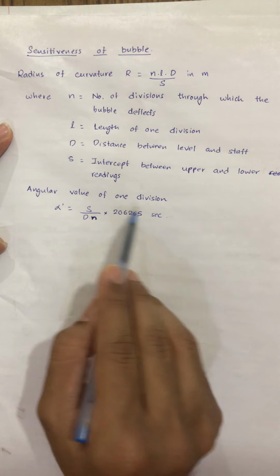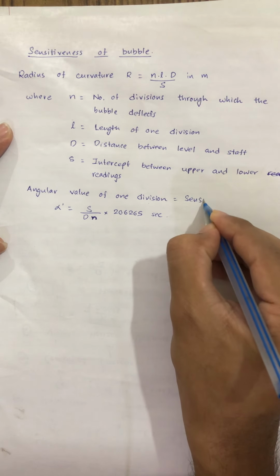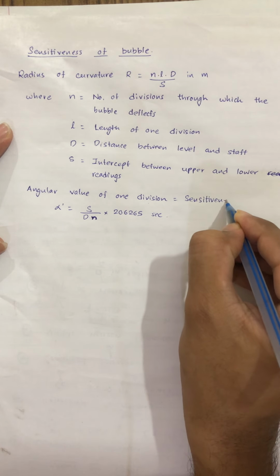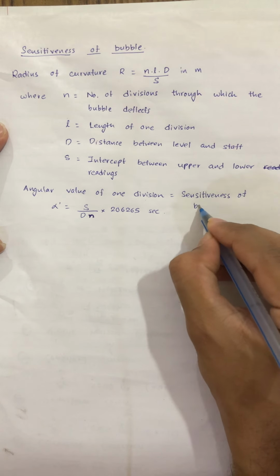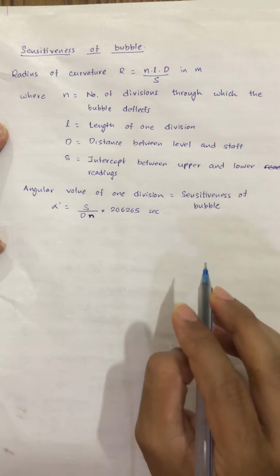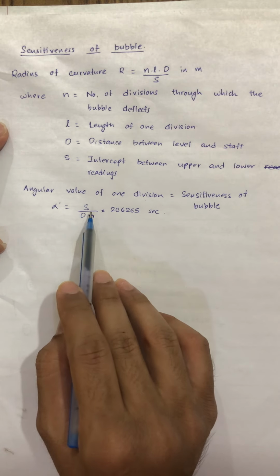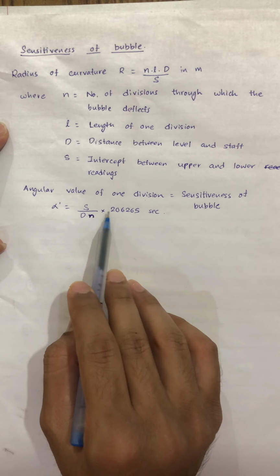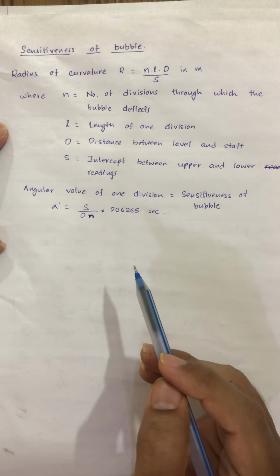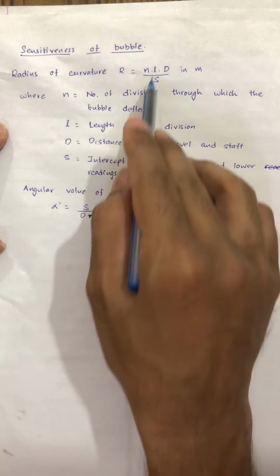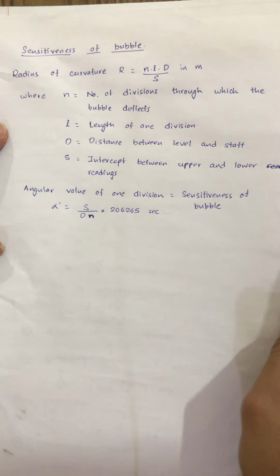You can call this the angular value of one division, or it is also called the sensitiveness of the bubble. Both are one and the same thing. The value will come out in seconds. So based on these two formulas, let us solve some numericals.